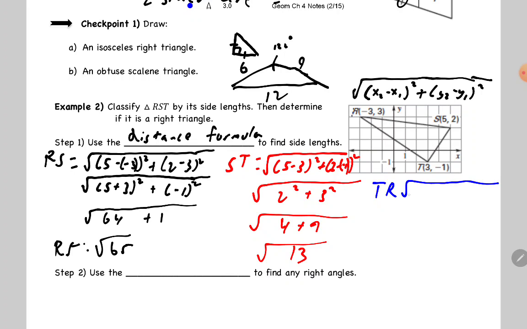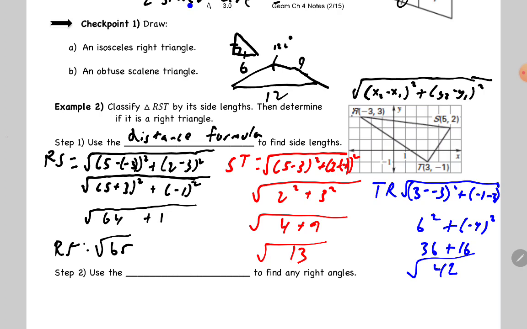So the square root of 3 minus minus 3 squared plus negative 1 minus 3 squared. So here I'll have 6 squared plus negative 1 minus 3 is negative 4 squared. So 36 plus 16, which is the square root of 42.